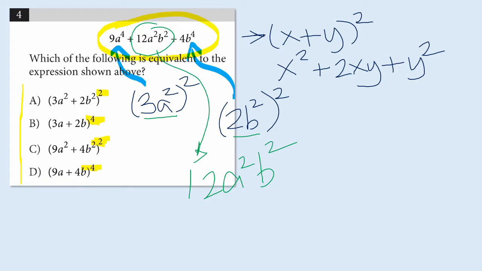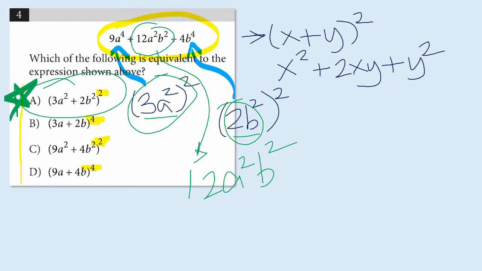Which choice has the 3a squared term and the 2b squared term added together and squared? Yep, you're right. That is answer A. And if you wanted to be sure about it, you could always multiply all of this out and see if it gives you that expression, just by foiling it. So that's one way to do it, using this whole theme of squares.